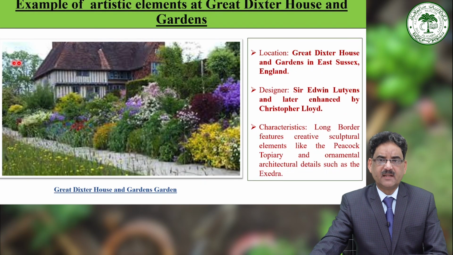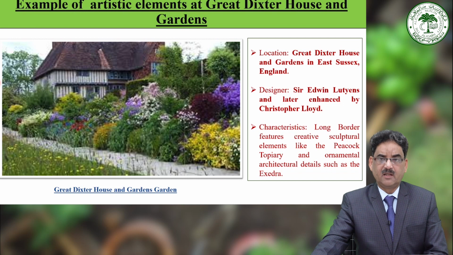Another notable English style garden featuring artistic elements is Great Dixter House and Garden in East Sussex, England. It was designed by Sir Edwin Lutyens and later enhanced by Christopher Lloyd. The garden incorporates various artistic features.